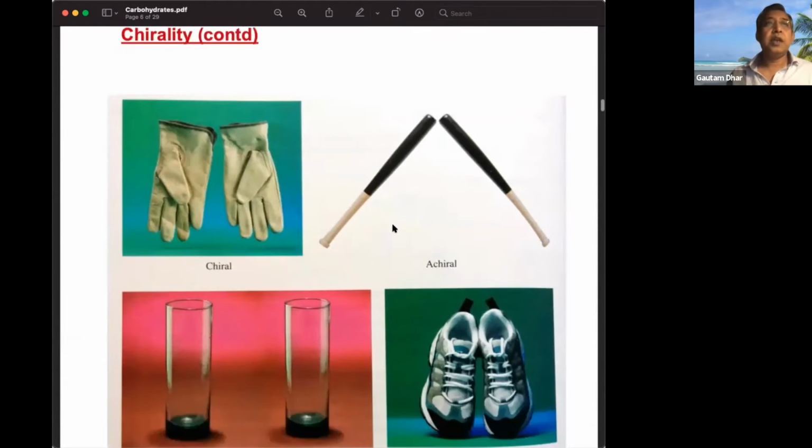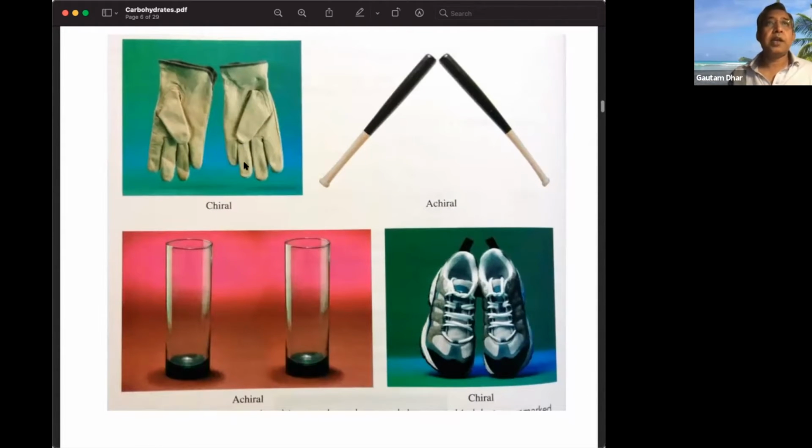So if you look at these globes here, they are chiral. One of the things that you will notice is if there's a plane of symmetry, if I imagine a plane going through this molecule, and if there is no plane of symmetry, that means the two halves are not equal, then they are chiral. If you look at this baseball bat, it is symmetric. That means it is achiral.